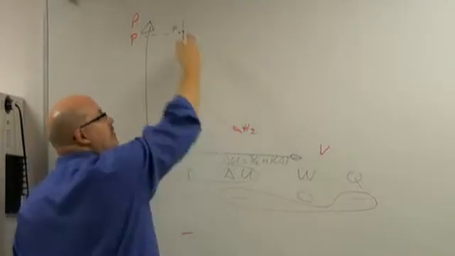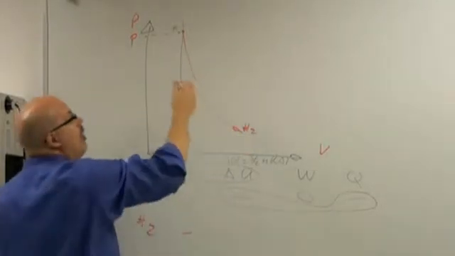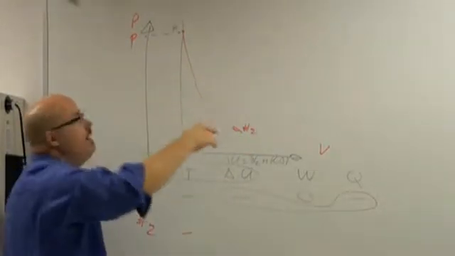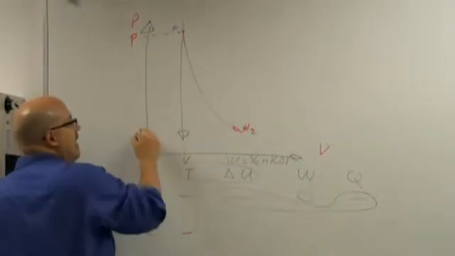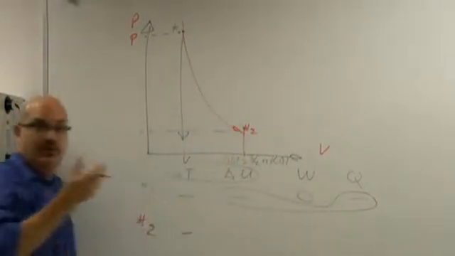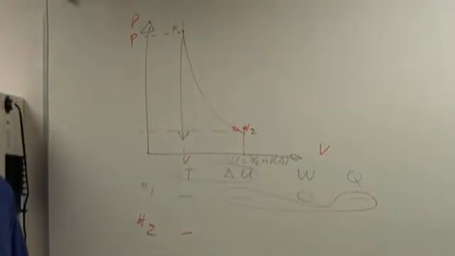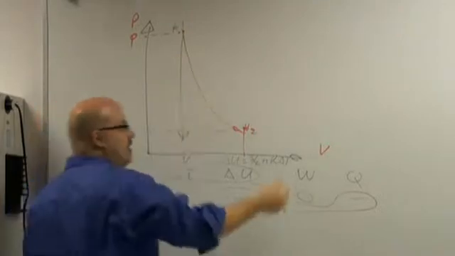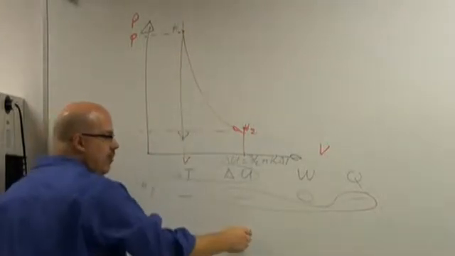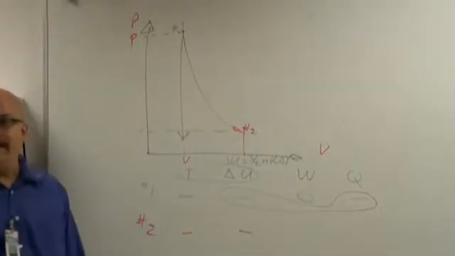So you know it's lower, so it's moving to a lower isotherm. Or if that isotherm wasn't drawn, you would have to take this P times V value here, and this P times V value here, and see which one's bigger, right? And it turns out that this P times V value down here is less than that one, so the temperature goes down, therefore delta U goes down in energy.